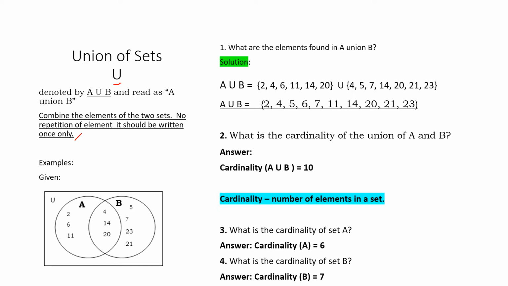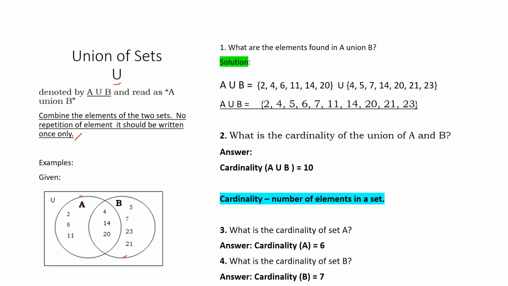Okay? So, to understand well, let us have an example. We have the box here. It is denoted by the universal set, the overall. Inside the universal set, as you can see, we have two circles. The first circle, this one, is set A, and the second circle is set B. All elements inside the circle of set A are its elements.